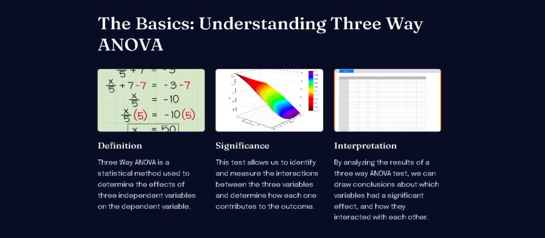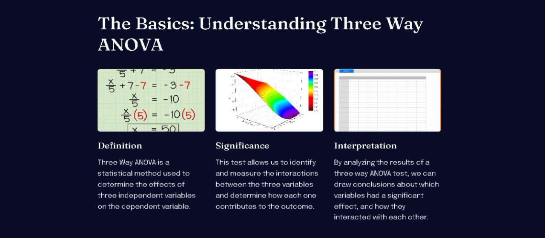So next is the basic understanding of three-way ANOVA. The definition of three-way ANOVA is a statistical method used to determine the effect of three independent variables on the dependent variable.